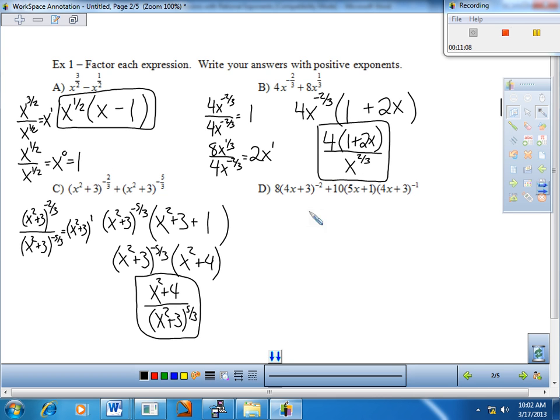In terms of the 8 and 10, I'm seeing a factor of 2 come out. And let's see, I have a 4x plus 3 to the negative second. I have a 4x plus 3 to the negative first. I would take the lower one, of course, as the greatest common factor.